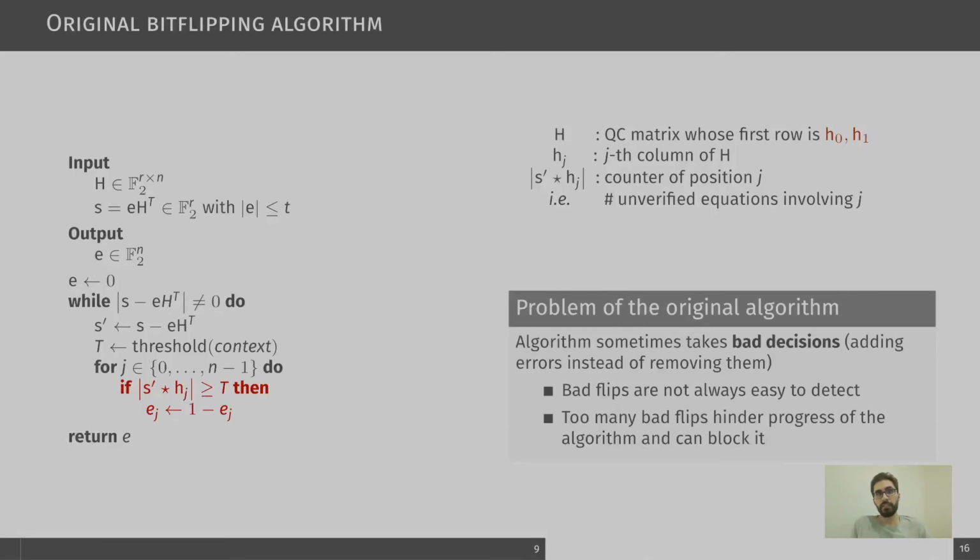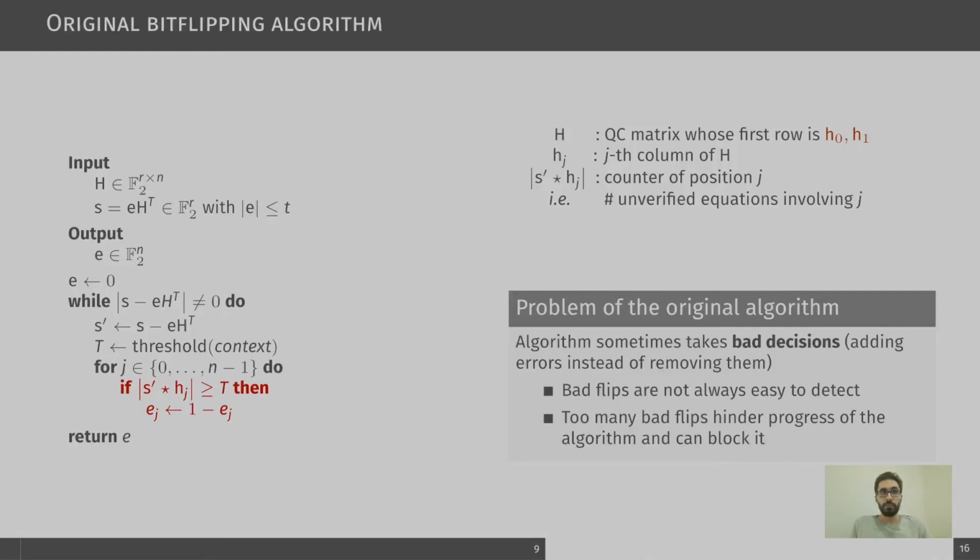These decisions are made for each position based on their counter. The counter is the number of unverified equations involving this position. The intuition is that for an error, this value will be high, and for a correct position, this value will be low.